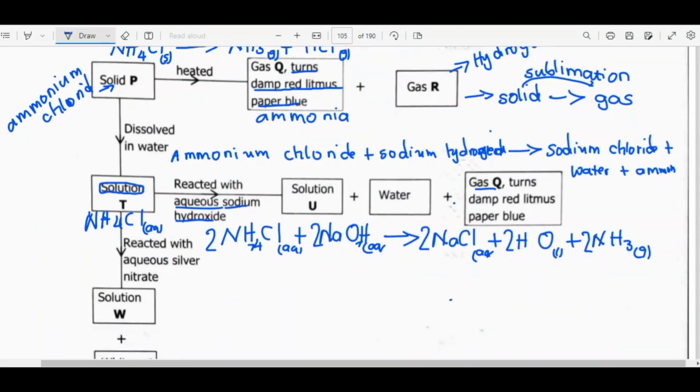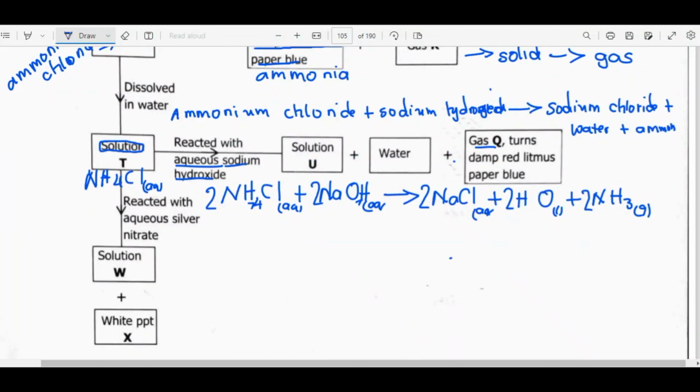Now we move on to this route here. Let's look at the same solution, if this time it is reacted with aqueous silver nitrate, right?